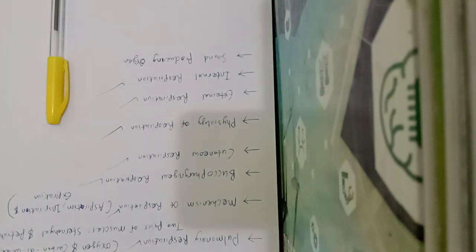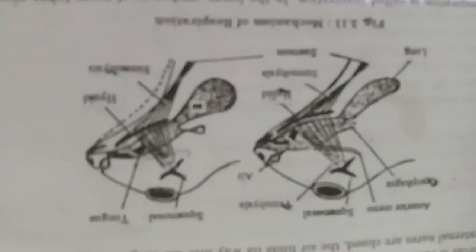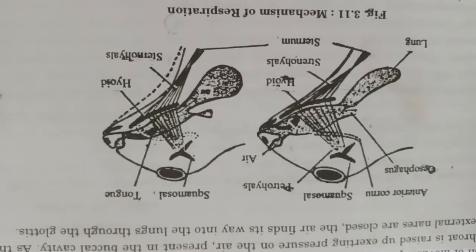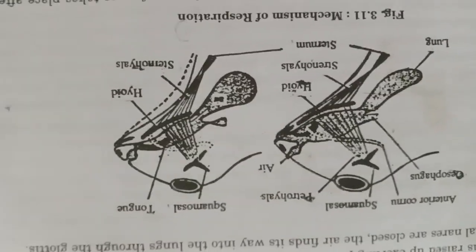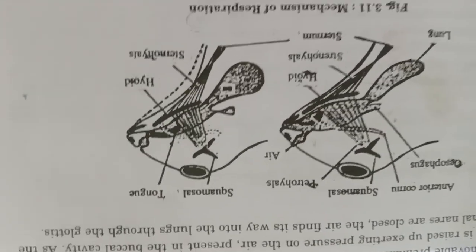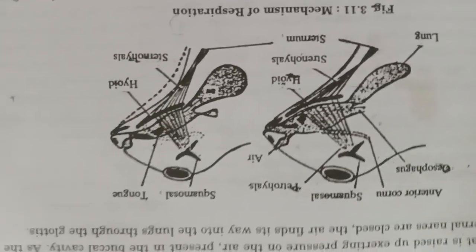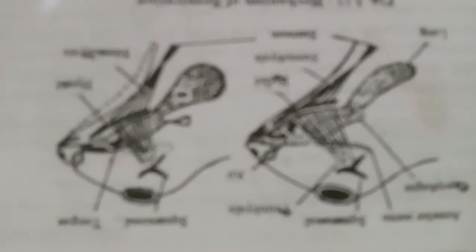Before we go straight to sound producing organs, I always fulfill my promises. I want to show you the mechanism of respiration. So guys, this is the mechanism of respiration. As you can see, I want you to freeze frame and you can draw this as well as list all these parts of the frog out.